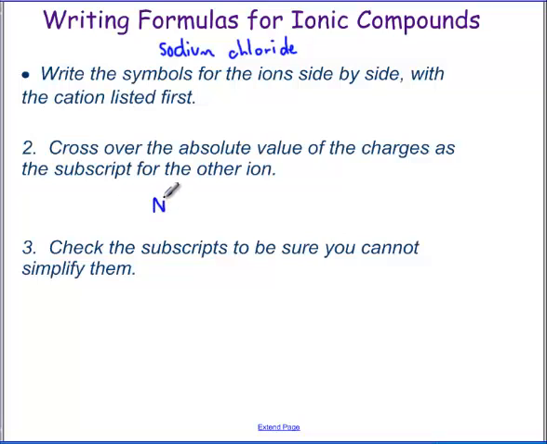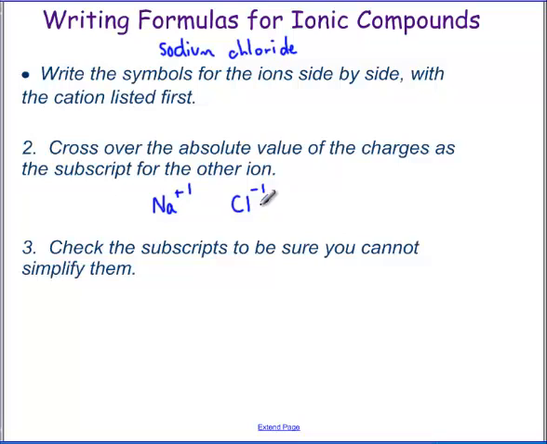So sodium is Na. It's in group 1. It has a +1 charge. Chlorine is the element that chloride comes from. Chloride is the ion form of chlorine. I look on my periodic table and it has a -1 charge. Our goal is to have a neutral compound.